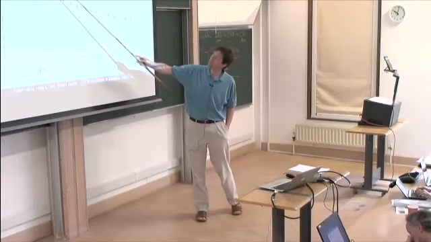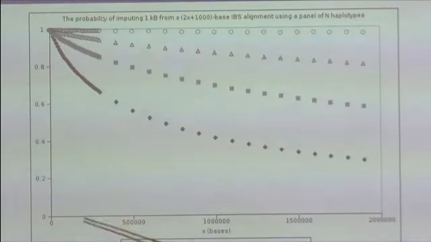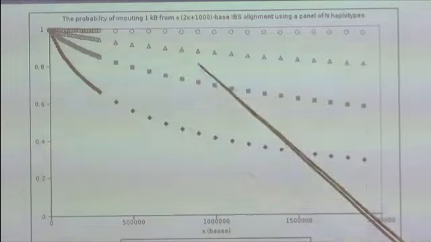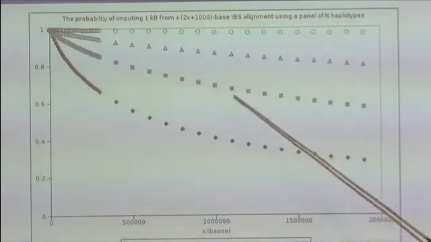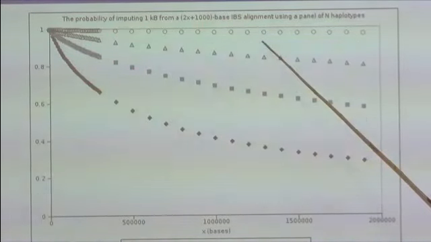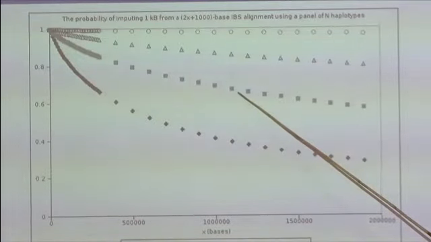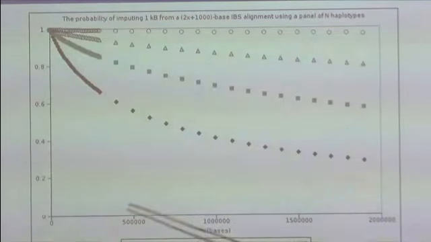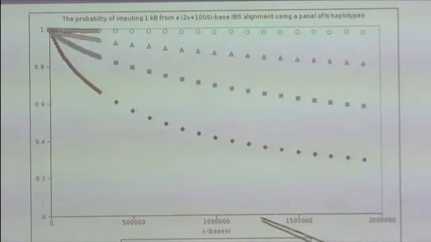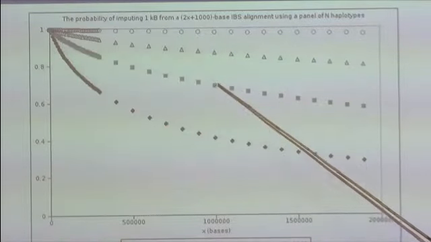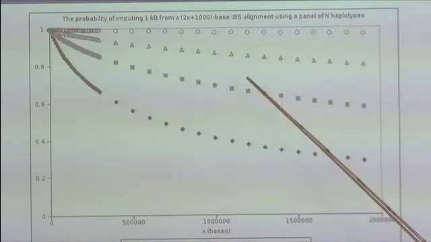But here, this is the probability of finding a match in a panel of size n, where n is 60, 120, 250, or 1,000. So 120 would be like HapMap, 60 individuals, 120 haplotypes. As a function of distance, of length, what's the chance of finding a match, essentially?